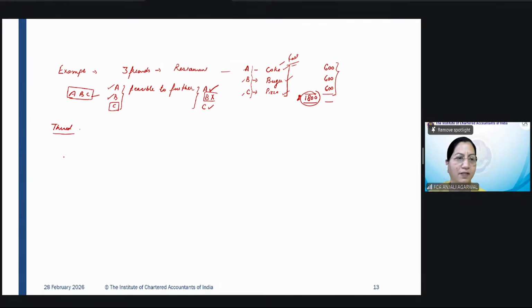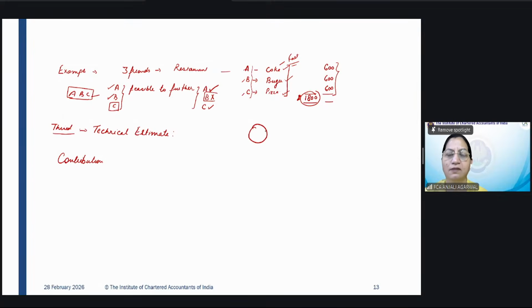The third method, which I have explained, is the technical estimate. Let me take an example.